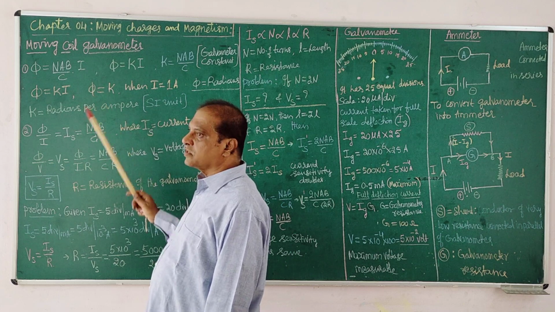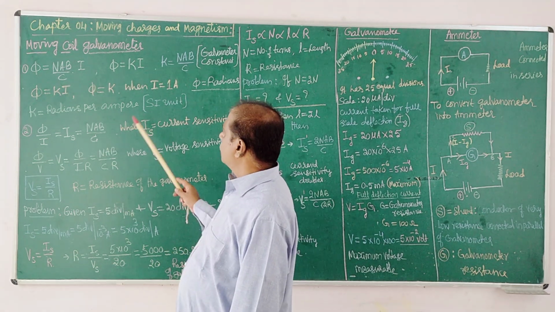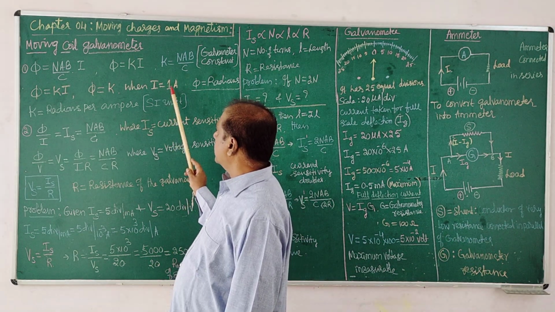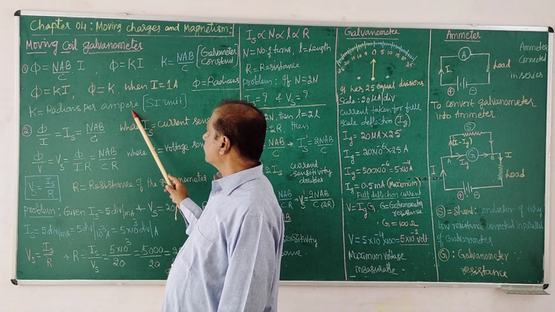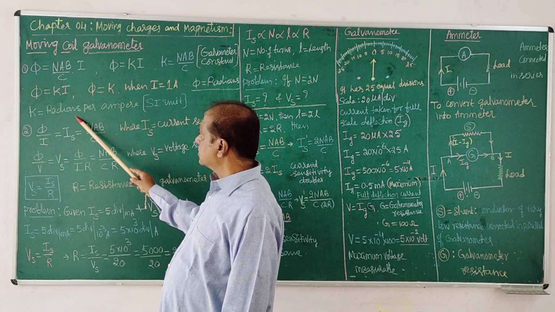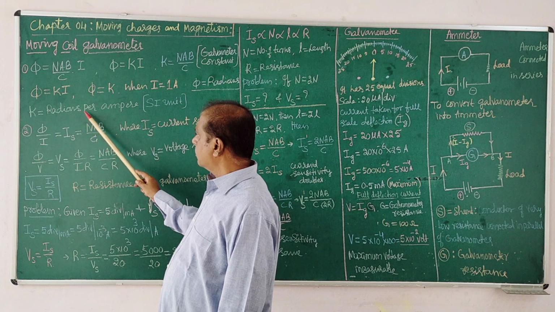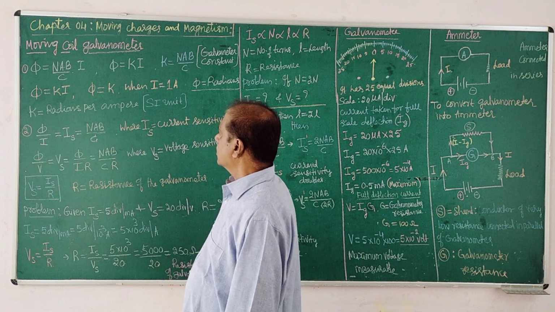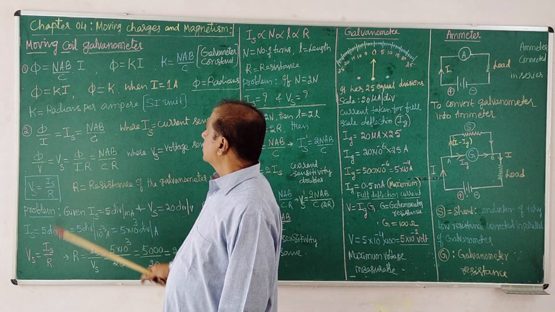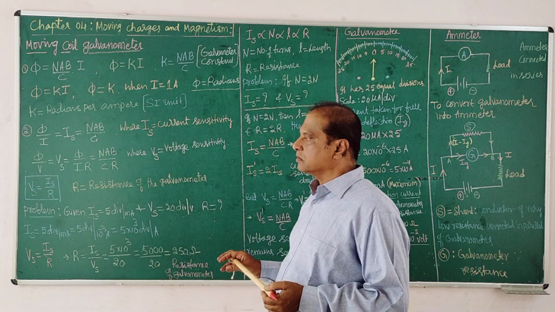That is the deflection in the galvanometer in radians per unit current, per ampere. K is the deflection in the galvanometer per ampere. This is the definition for the galvanometer constant.